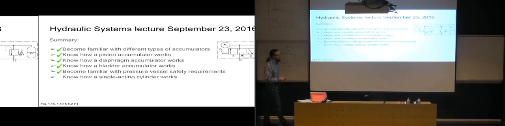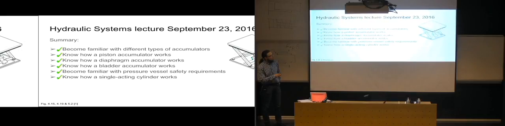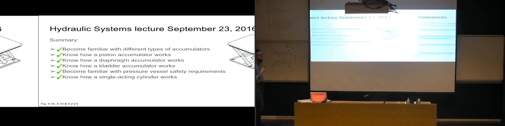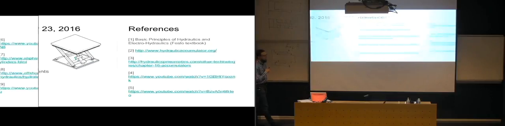We also became familiar with pressure vessel safety requirements and these safety blocks that have to be placed if it's a group 2 pressure vessel, so more than 25 bars of pressure. And we've learned how a single acting cylinder works. So then we're going to continue next week with double acting cylinders.